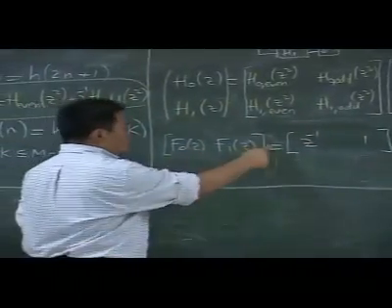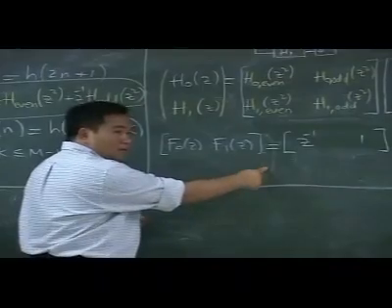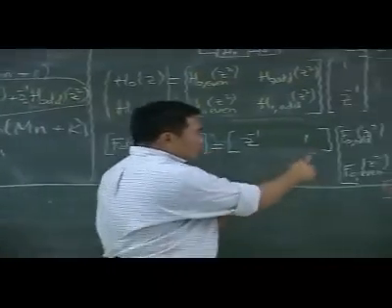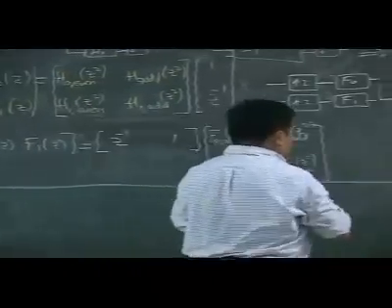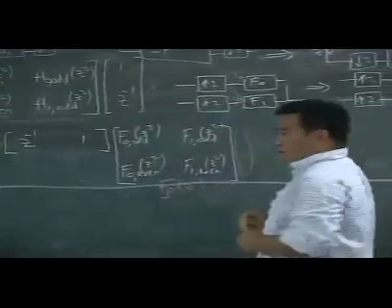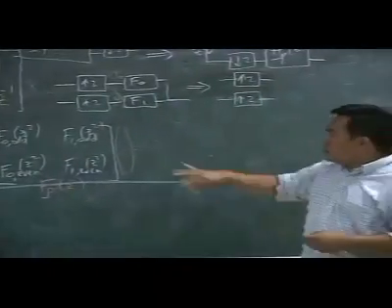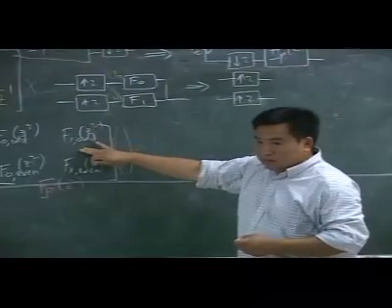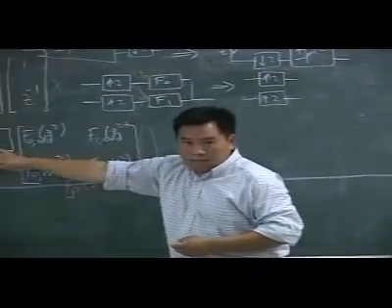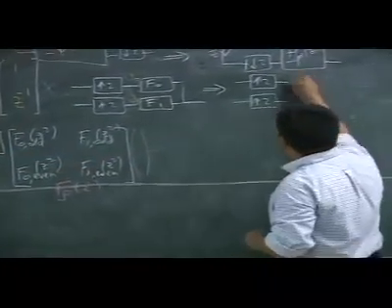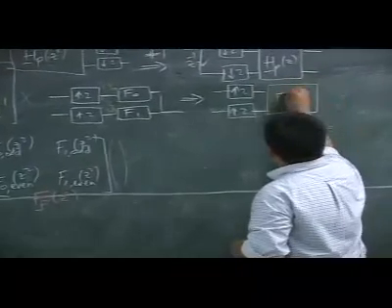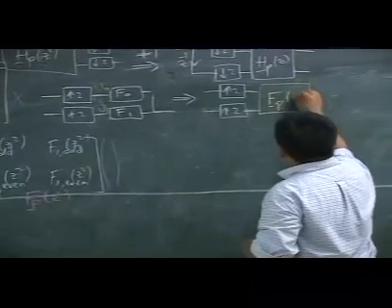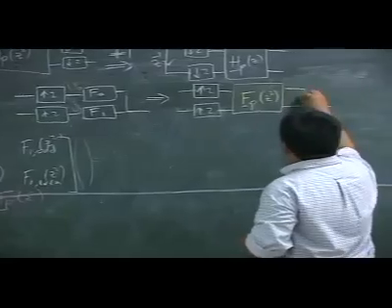F naught times u naught, F1 times u1. That vector will not appear here; it will be here. The same vector u naught, u1 will be here. So that vector will see the matrix first, and then the delay. So we'll draw the matrix first, Fp of z squared, and then the delay.